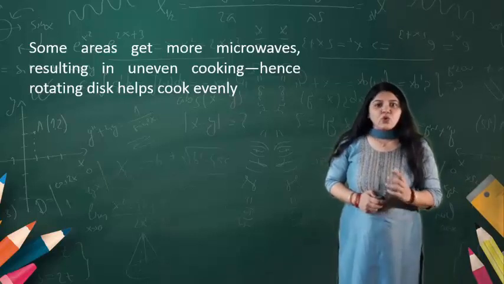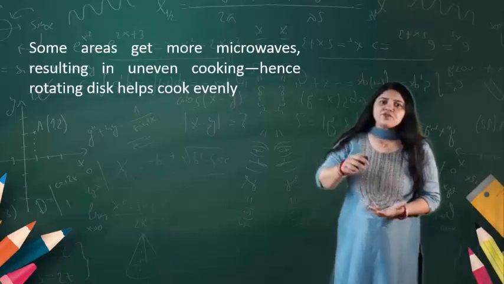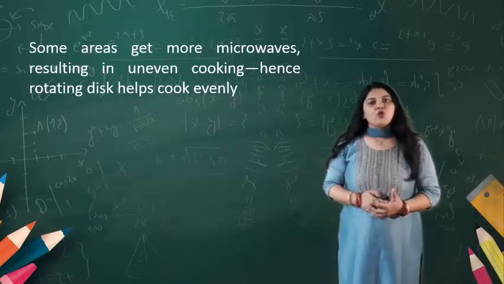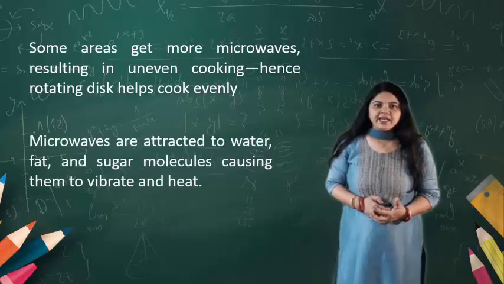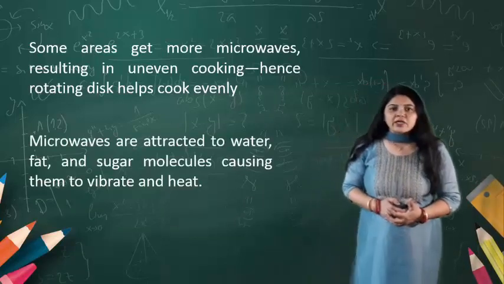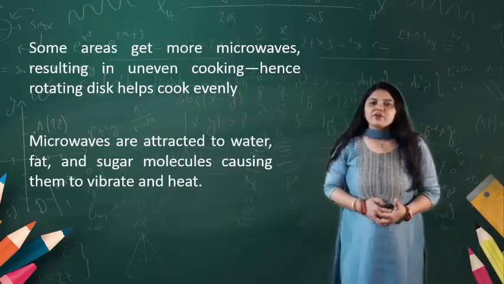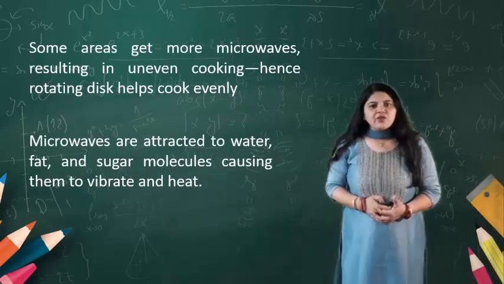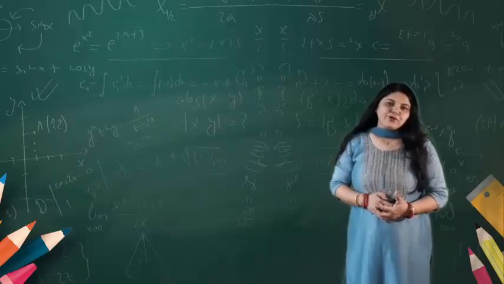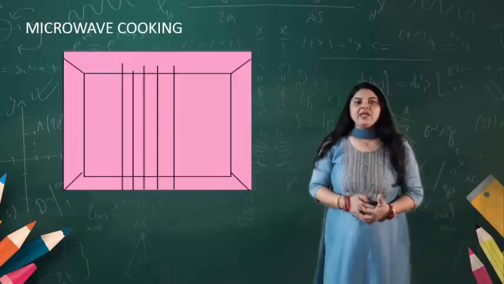That is why the rotating disc on which we put the container is required, to cook the food evenly. The microwaves are attracted to water, fat and sugar molecules, causing them to vibrate and heat, and due to that the food is cooked.